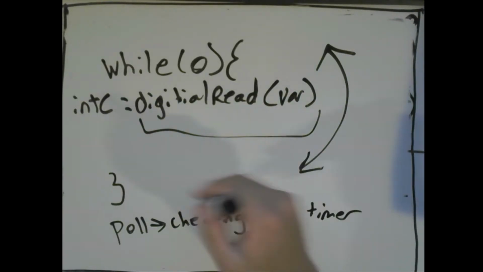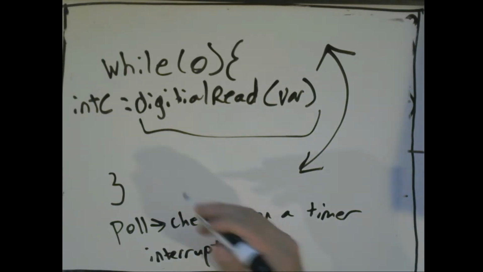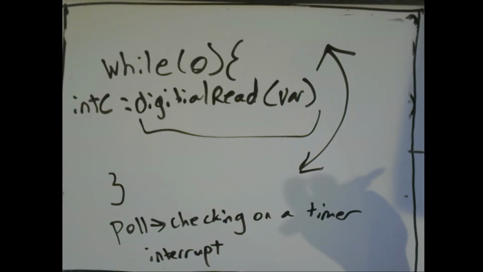So I'm always going back to this and checking it manually. That's how a poll works. And an interrupt, right? An interrupt isn't controlled by the CPU. Whenever an interrupt happens, there's some circuitry inside the microcontroller that triggers it whenever the value changes.